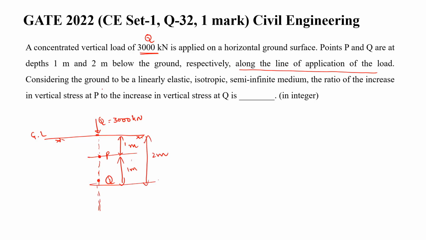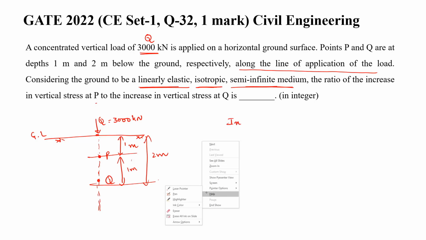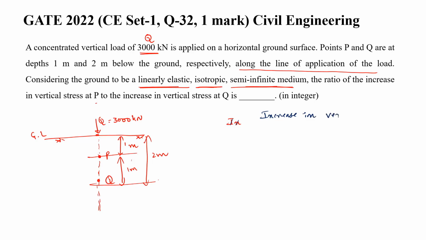Now what is asked? Considering the ground to be linear elastic, isotropic, semi-infinite medium, the ratio of increase in vertical stress at P. So increase in vertical stress.